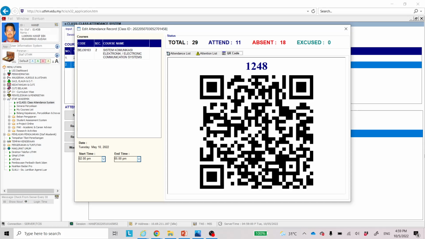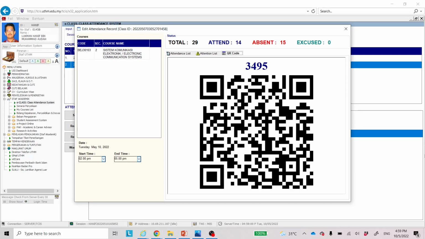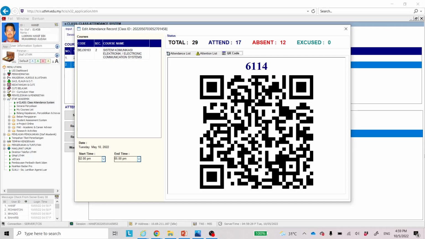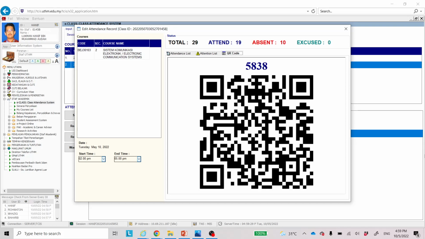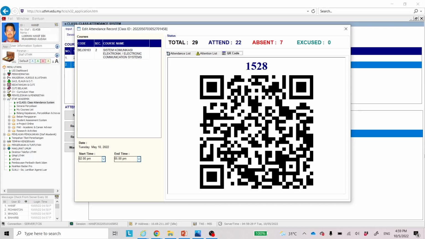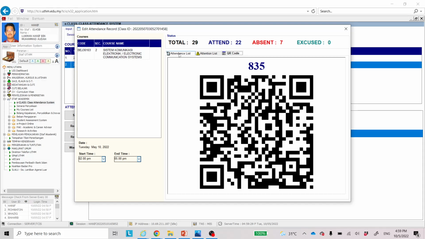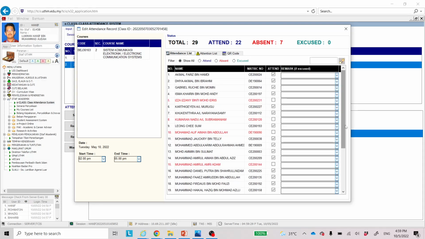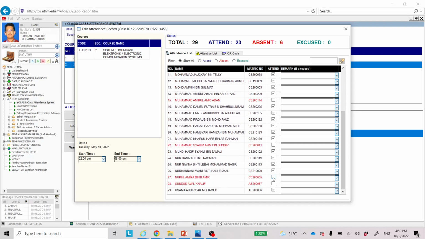Okay, welcome. Thank you, Doctor. Be safe. Okay, you too. Doktor, saya tak boleh nak scan lah. Tak boleh nak scan? Siapa yang tak boleh scan tadi? Nurul Amira, Doktor. Okay, done.